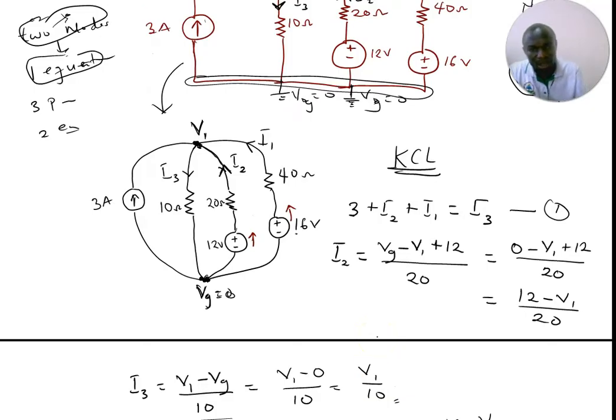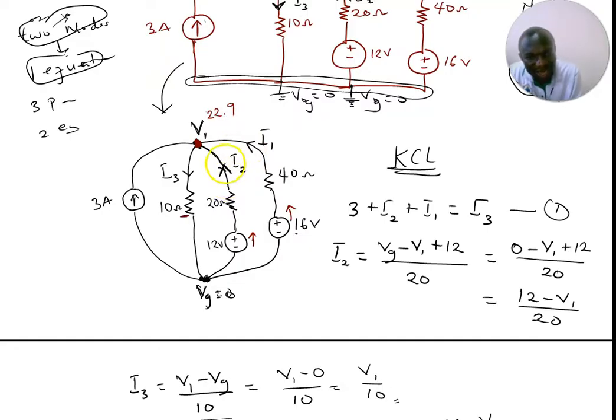Yes. See, the good news is that the voltage on the node is the same as the voltage for all the components on that part. So you see, this one like this, the voltage here is going to be 22.9.